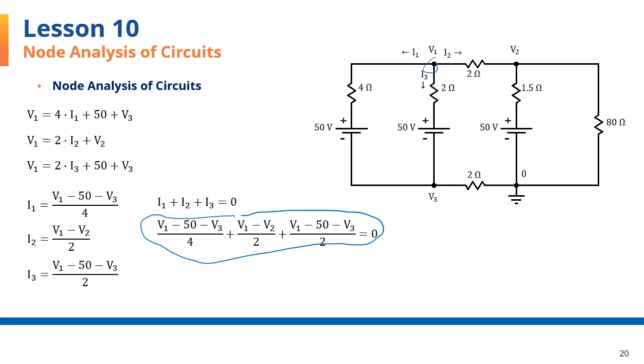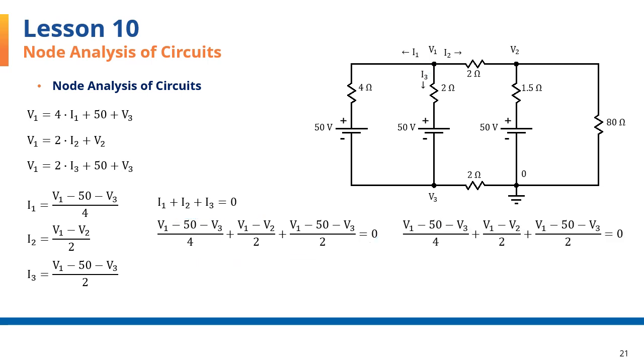Then the three equations, once obtained, will be solved as a system of three linear equations in three unknowns, and that's how we get the values of V1, V2, and V3. I've made a note of the equation here on the side so that we have it when we come to use it.